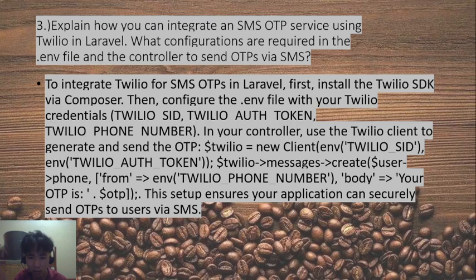In your controller, use the Twilio client to generate and send the OTP: new Twilio client with the Twilio SID and auth token from env, then create the message with the user's phone, from the Twilio phone number, with the body containing your OTP. This setup ensures your application can securely send OTPs to users via SMS.